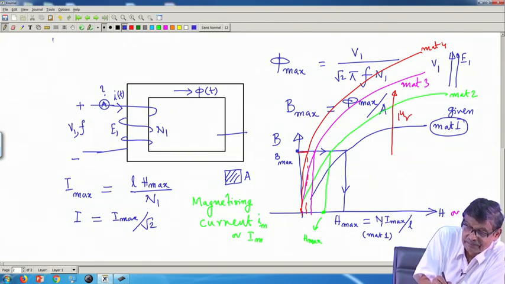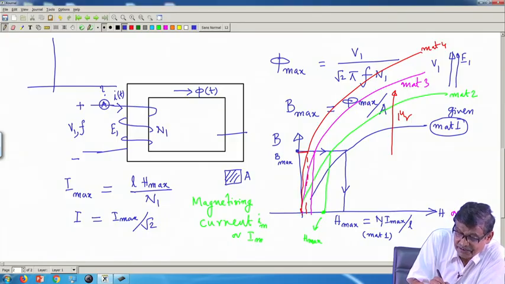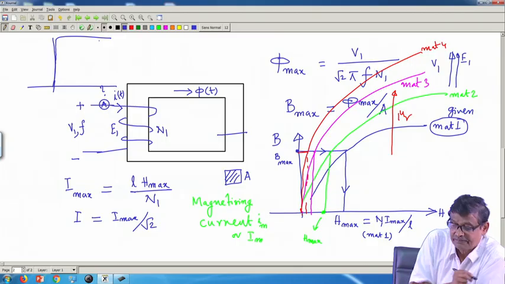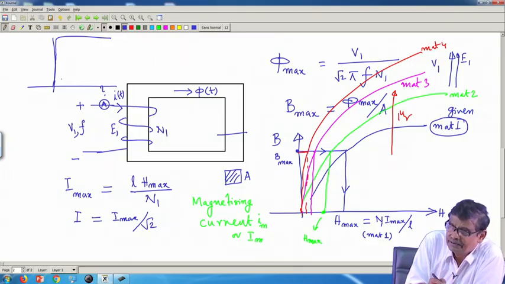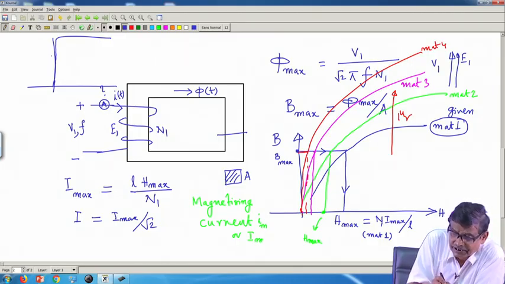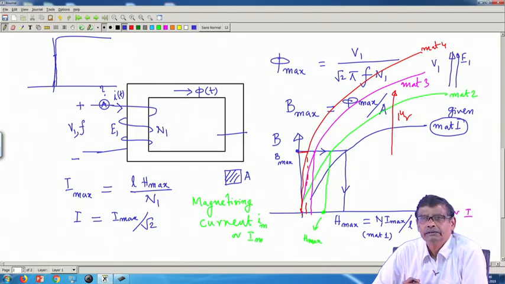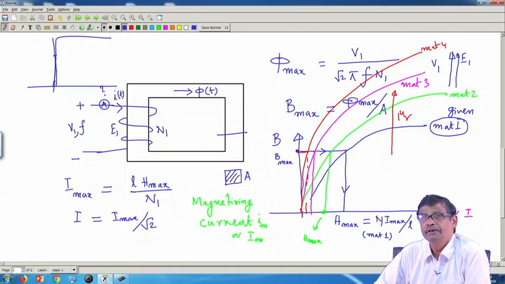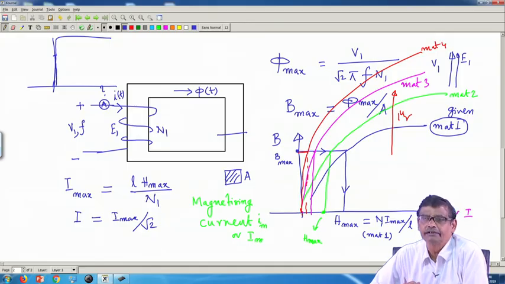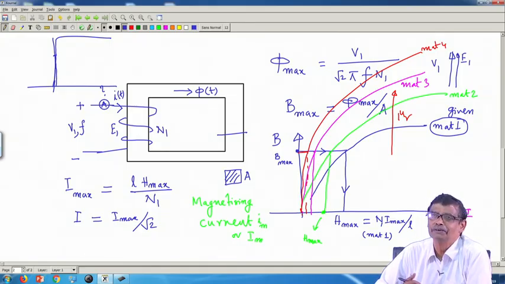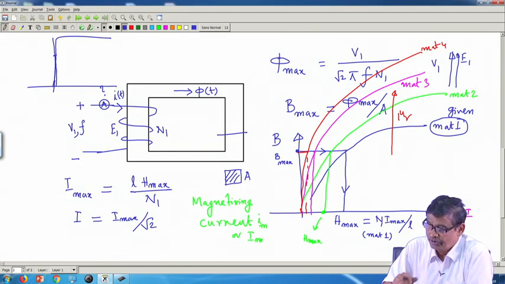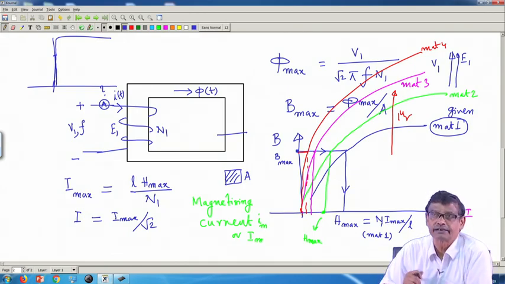It means that the BH curve will be something like this, very high value, and therefore, to create flux you require very little current. Therefore, the magnetizing current can be reduced to any extent, provided you have very good magnetic material. So, we will continue with this in our next lecture. Thank you.